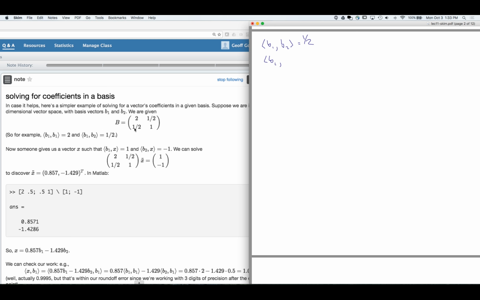That's this element right here, and the inner product of b1 with itself is 2, right? And there's only 3 distinct ones, so the inner product of b2 with itself is equal to 1, right? So those are the 3 distinct elements of this matrix B.